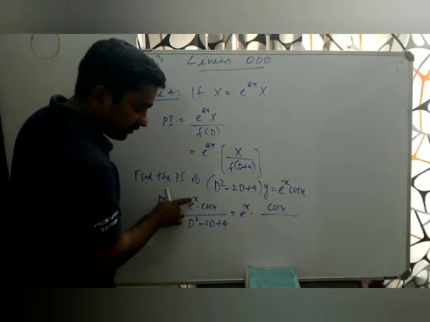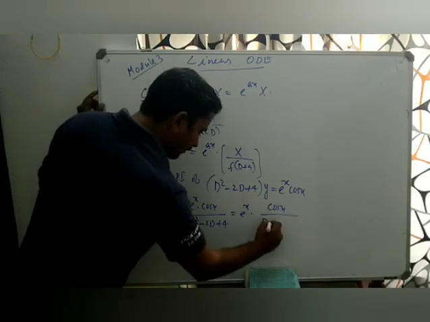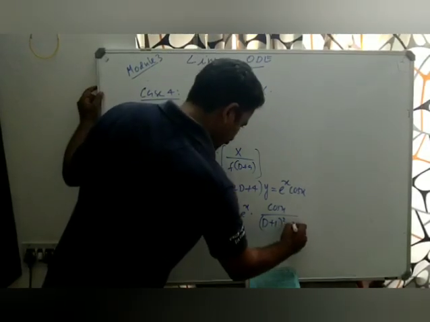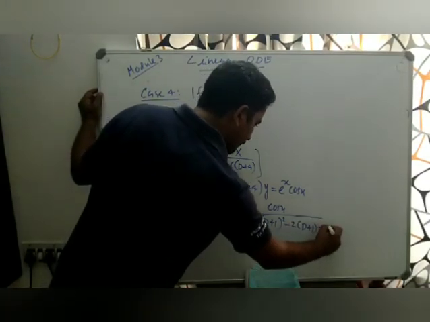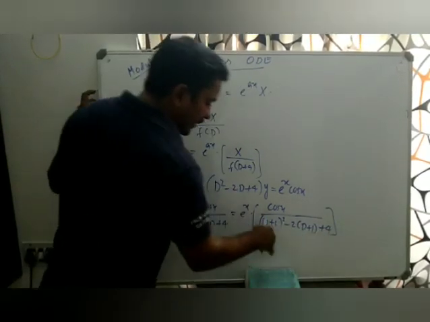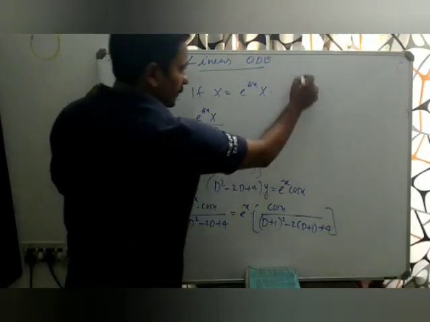Here a is the coefficient of x and that is 1. So D will be changed to (D + 1)² − 2(D + 1) + 4, and you simplify this one and find the particular integral of cos x.